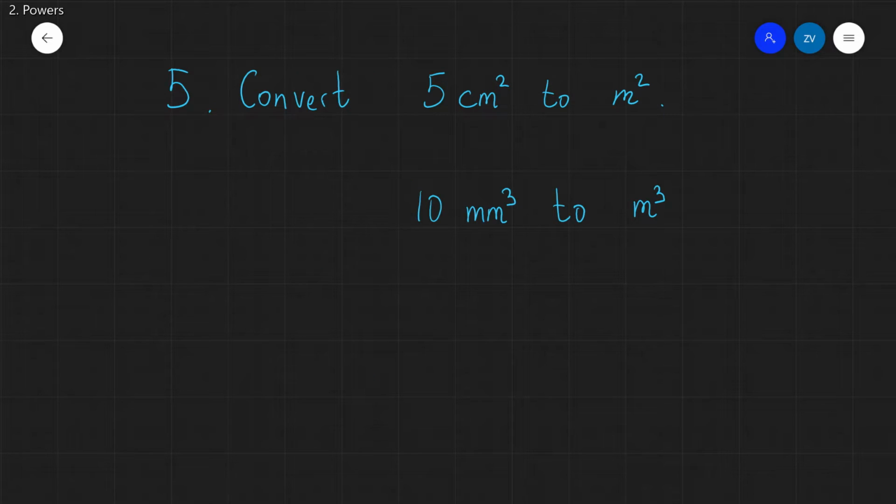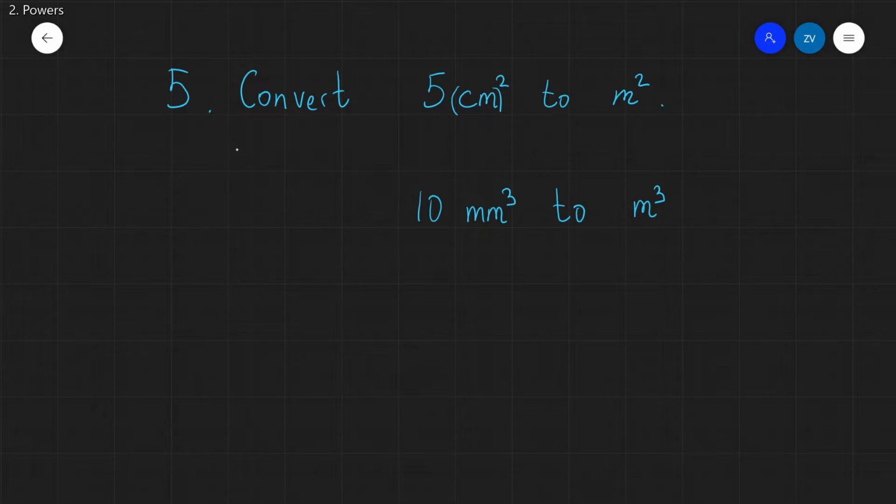Next, I would like to give you a little power trick that can allow conversions to happen a lot quicker. For instance, if you want to convert 5 centimeters squared to meters squared, the trick is to realize that the square acts both on the centi and on the meter.